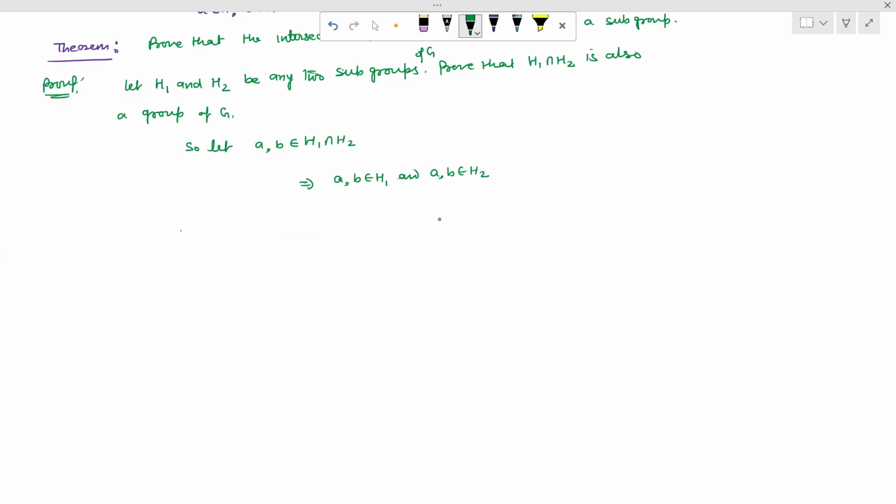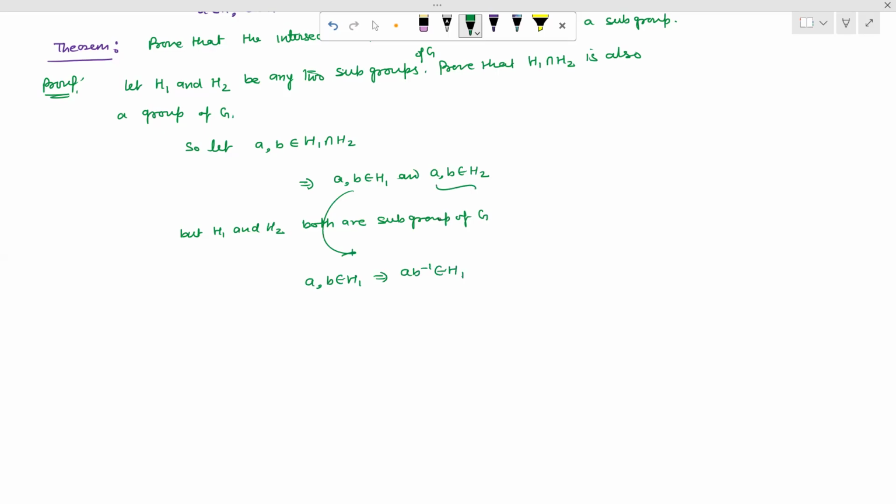But H1 and H2 both are subgroups of G. So AB belongs to H1, which implies that AB inverse also belongs to H1, clear by the above theorem.